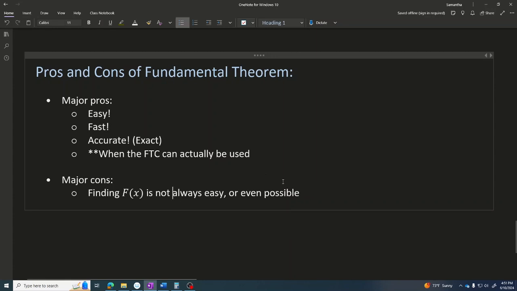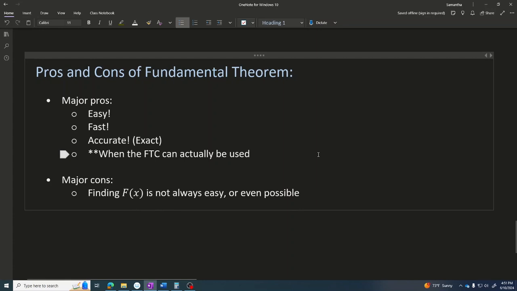Now, throughout the next season, we are going to be learning a lot of different techniques to help us find F of x in a variety of situations, quickly and easily.